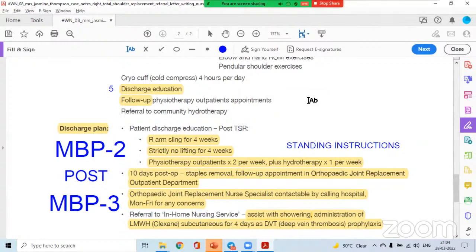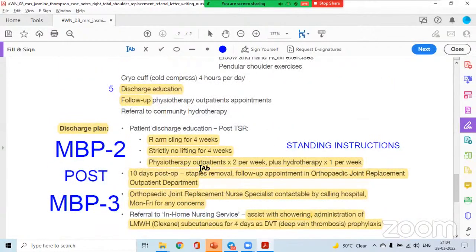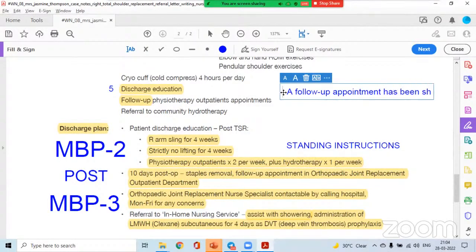Then next, staples removal, follow-up appointment, orthopedic. So in this sentence, we'll see now. Follow-up appointment in the orthopedic joint replacement has been scheduled. Okay. A follow-up appointment has been scheduled.